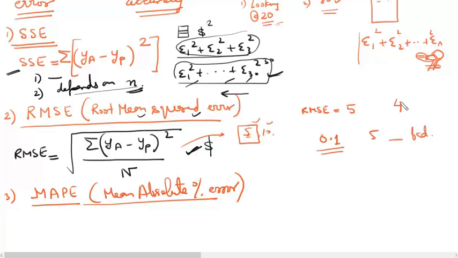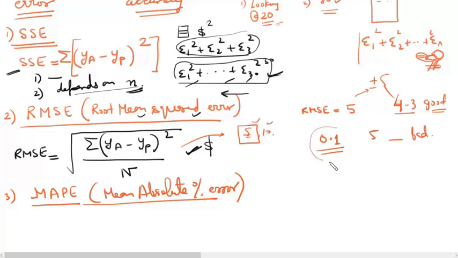But if your actual value is 4 or 3, and then if your RMSE is 5, that means it is almost a good model, I would say. It is a fair model because your actual value is 4 and your model is predicting 5 away from 4. So the RMSE means that you are 5 units away from the actual. So if your actual is 4, you are plus minus 5. In general, on an average, you are plus minus 5 units away.